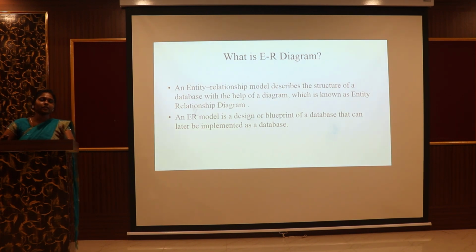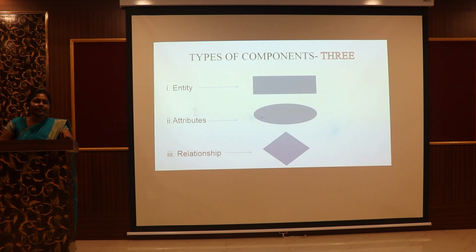It simply tells you how the data is stored in the database. And there are three types of components: entity, attributes, and relationship. Entity is represented in a rectangular shape, attributes in an ellipse or oval shape, and relationship in a diamond shape.